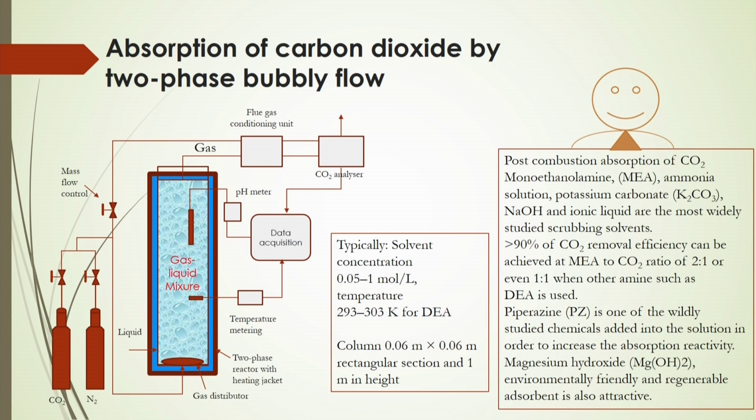Now, with those solvents, more than 90% of the carbon dioxide can be removed from the atmosphere, and in laboratory scale it is achieved at a methyl ethyl amine to carbon dioxide ratio of 2:1, or even 1:1 when other amines such as diethylamine are used. Sometimes some chemicals are added to increase the efficiency of the absorption.